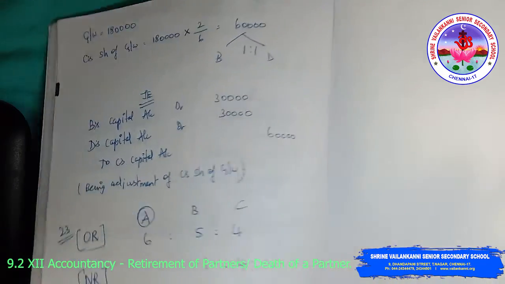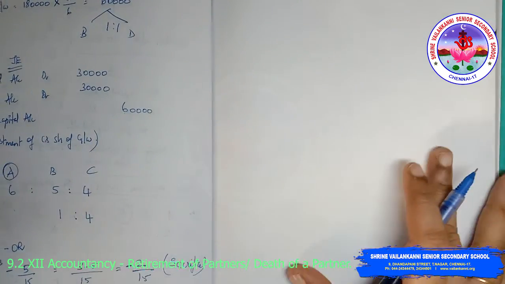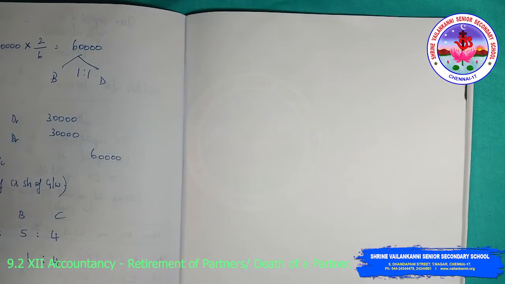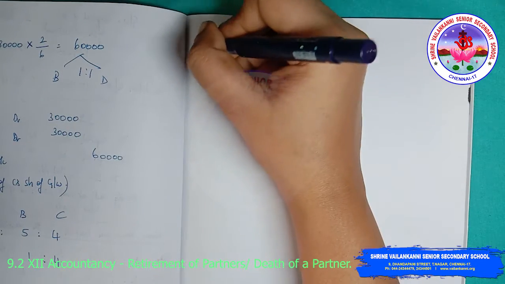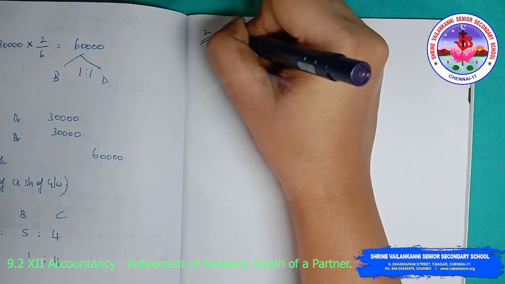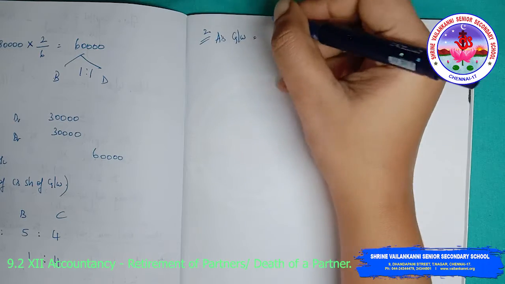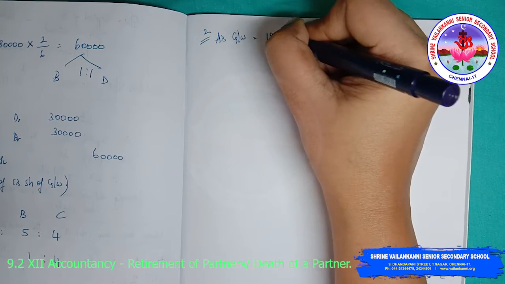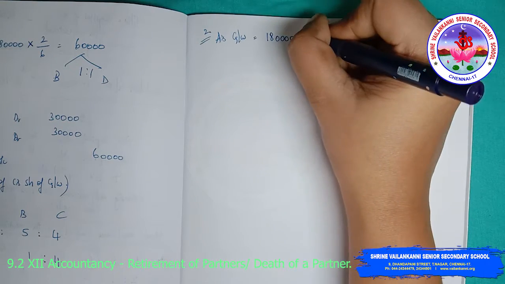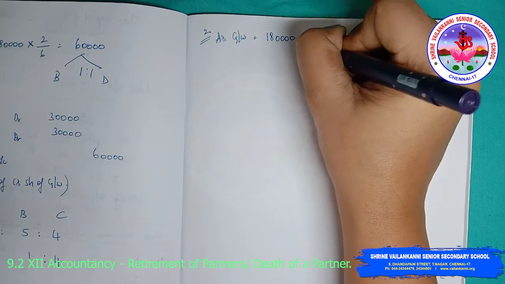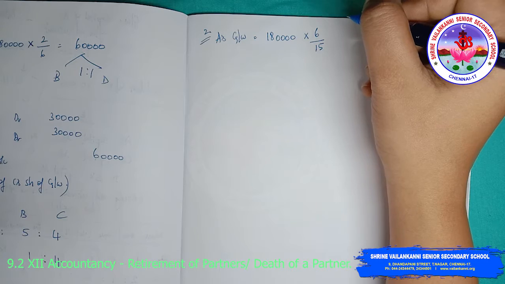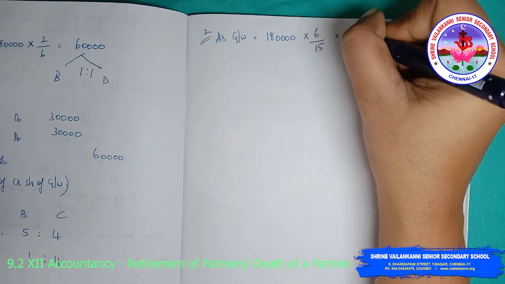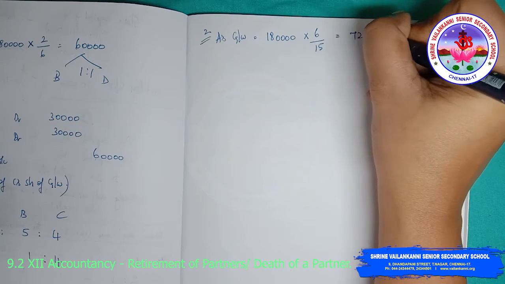Now, calculation of retiring partner's share of goodwill. A's goodwill is equal to 1,80,000 into 6/15, which happens to be 72,000.